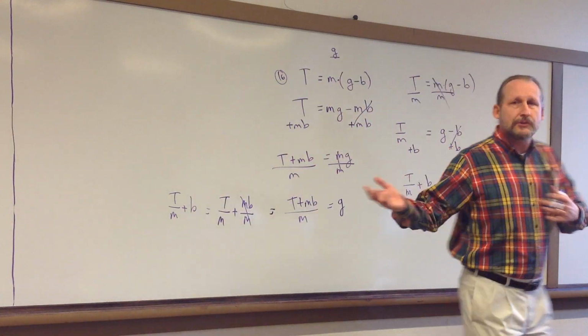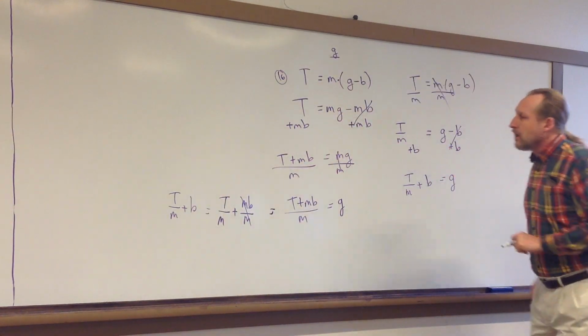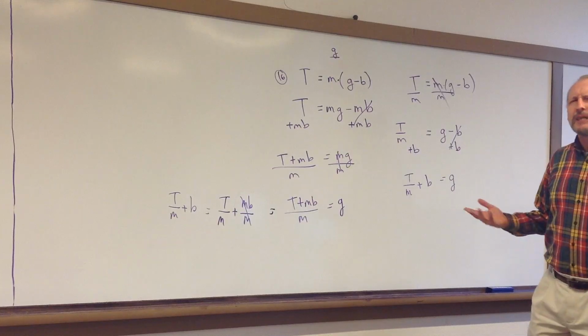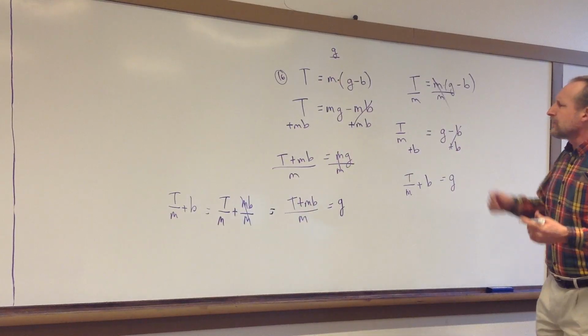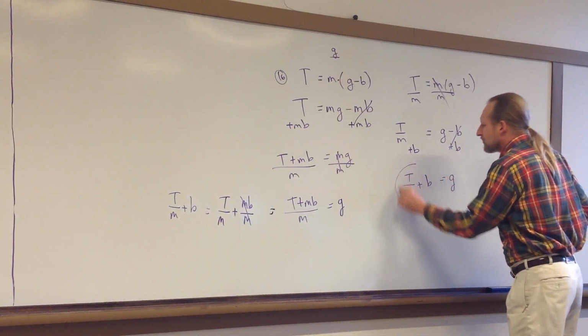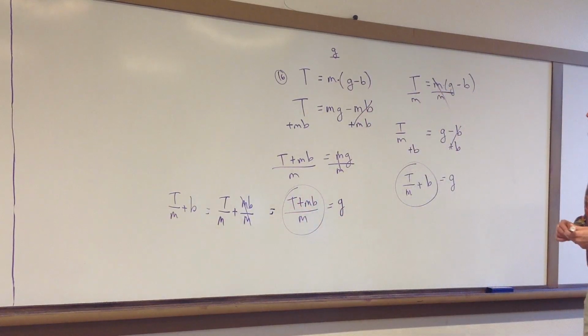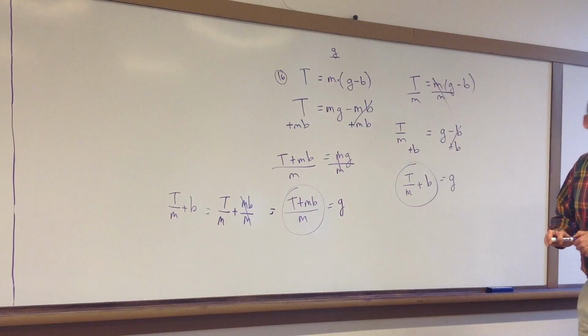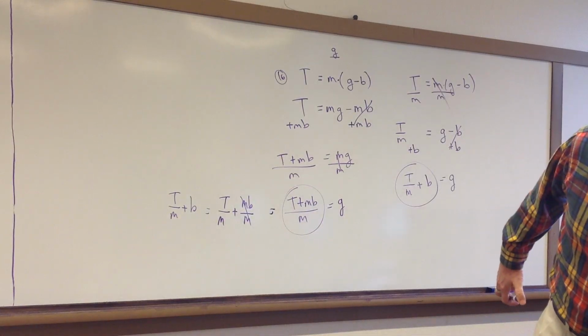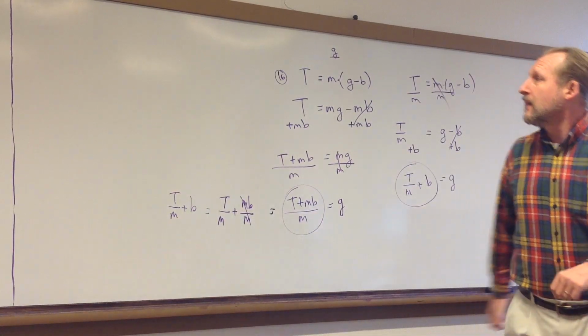And neither one is wrong or better than the other. It depends on the situation that you need this for. Okay? So whether you call it this or whether you call it this, it depends on what you need to do with it. Okay, so I think that's it for this assignment.